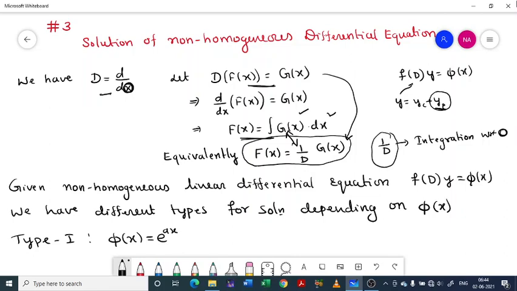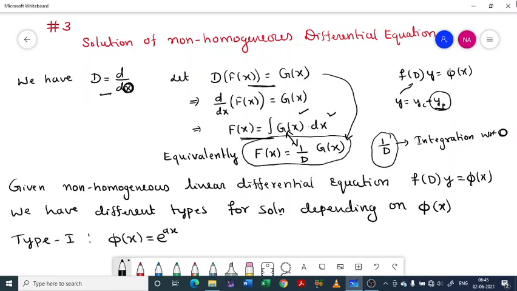Now let us come to the solution of non-homogeneous differential equations. That is the standard form, f of D into y equal to phi of x, and phi of x not equal to 0. That's why it's called non-homogeneous. Then we will have a particular solution depending on the nature of phi of x.